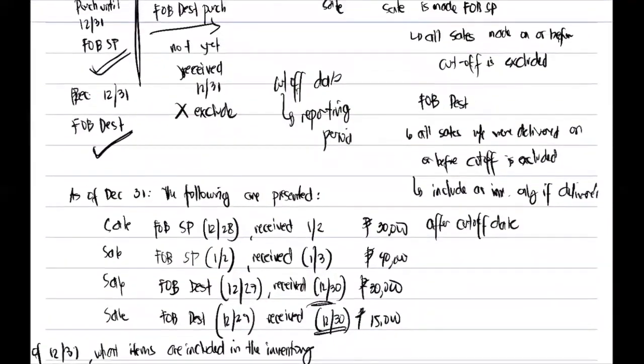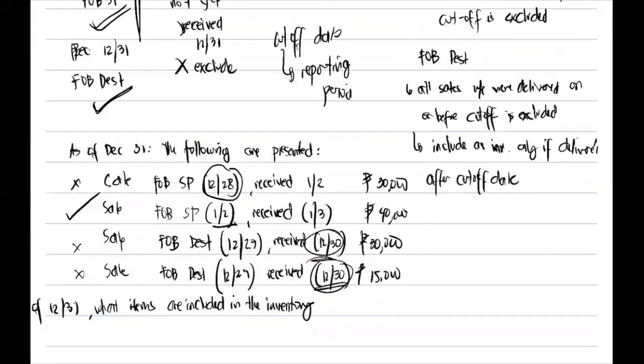If that is FOB shipping point, all sales made on or before the cutoff is excluded. So before cutoff, excluded. After cutoff, included. Next, FOB destination, all sales which were delivered on or before cutoff is excluded. So our cutoff is December 31. So our delivery date here, December 30, excluded, here December 30, excluded. So what items is included in the inventory?